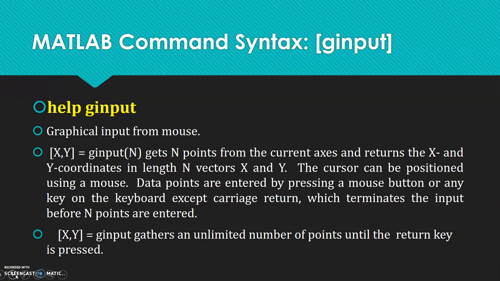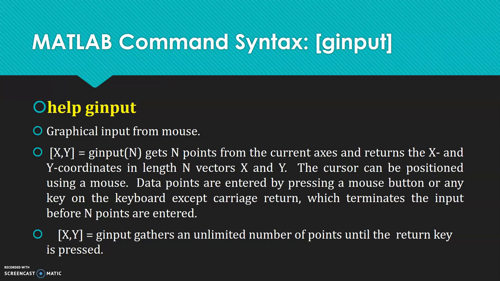Moving to the next slide. For this assignment 3, we are going to use ginput, and if I write help ginput in the MATLAB window, it says it is a graphical input from the mouse. That means so far I was giving input by writing input, first bracket and the corresponding string.